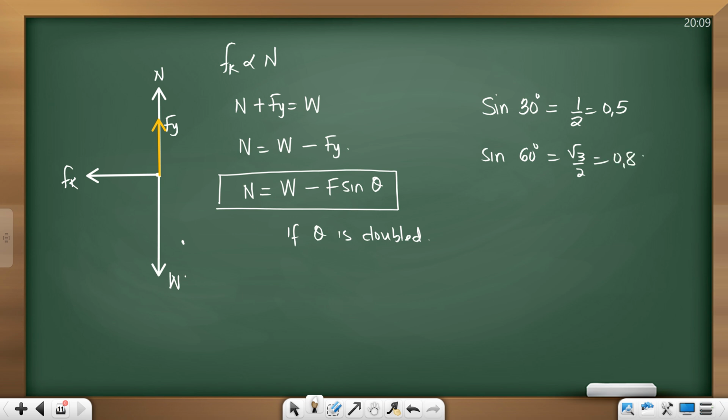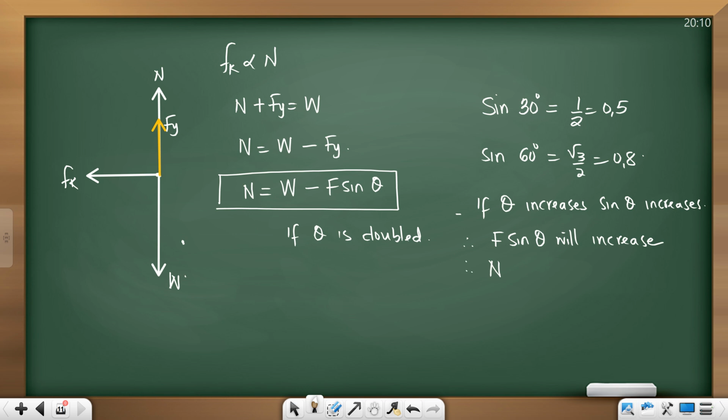Do you notice that if theta increases, sine theta also does what? Increases. That's my first statement that I want us to see. If theta increases, sine theta increases. Oh, that means, therefore, F sine theta will increase.